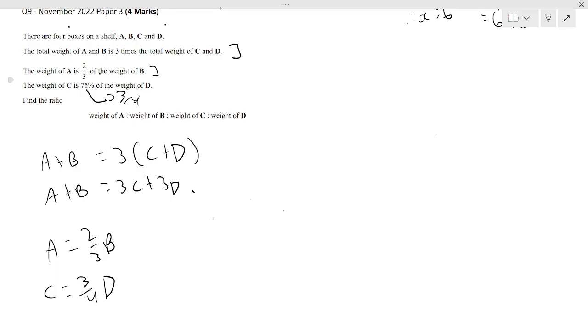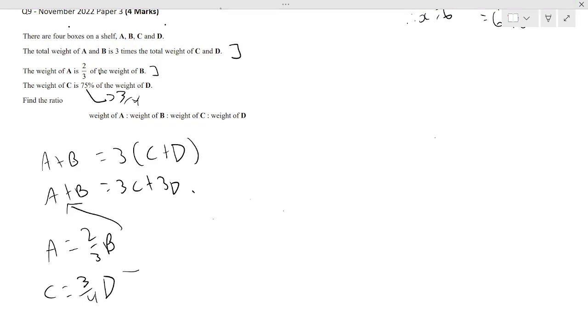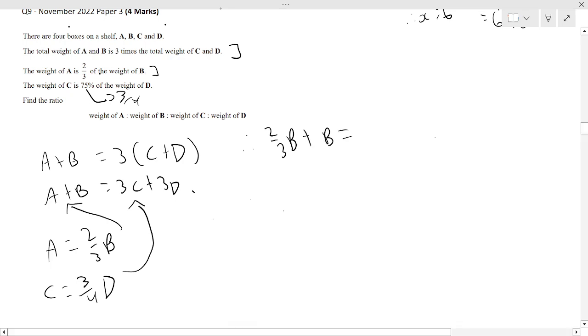So I think the best way to do it is find everything in terms of one weight. But I've noticed, because we've got equations here, I think we can substitute this into here and see what happens. So if I sub A as 2/3 B into there, and C as 3/4 D into here, well then we're going to get 2/3 B add B is 3 lots of 3/4 D add 3D.